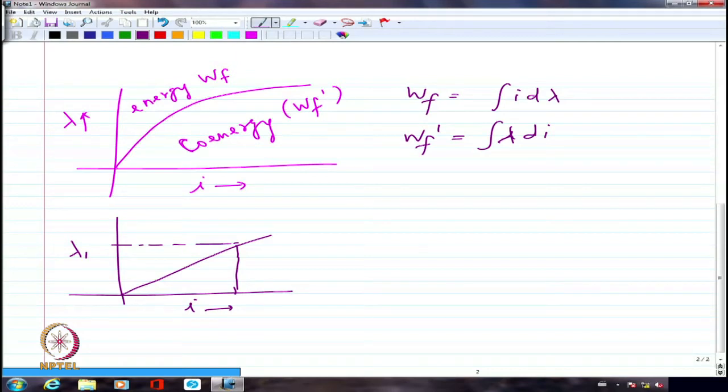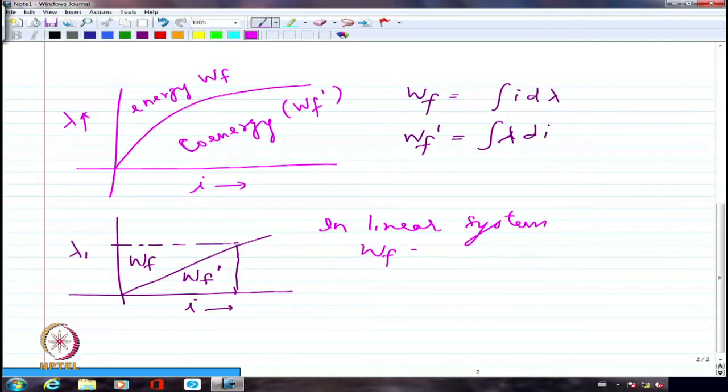So, energy and co-energy will be equal to each other. Whenever I consider linear magnetization characteristics, I am going to have Wf equal to Wf dash. Only in linear systems is this going to be true.